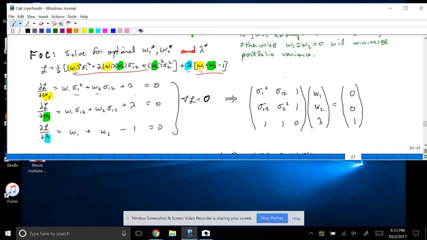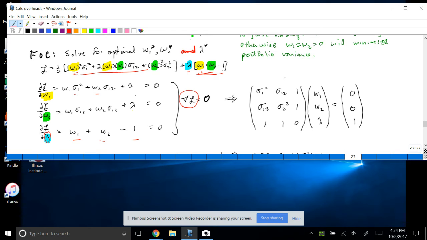We do the same thing with W2, and we also take the Lagrangian with respect to lambda, which just returns our constraint. So we can also say that we take the gradient of the Lagrangian and set it equal to 0.